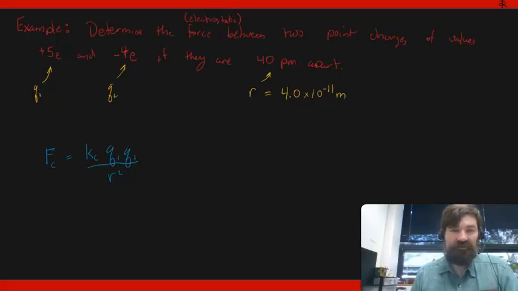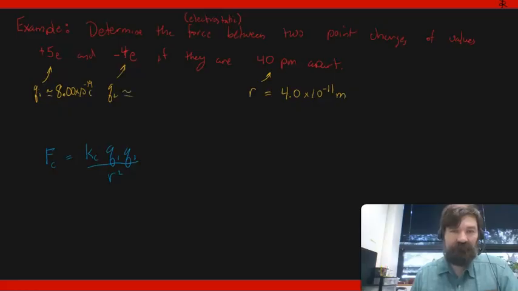Q1 is plus 5e. That's the same as 5 times 1.6 times 10 to the minus 19. So 1.6 times 5 is 8. So this would be 8.00 times 10 to the minus 19 coulombs.